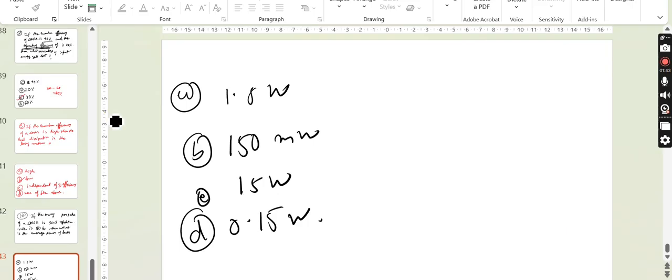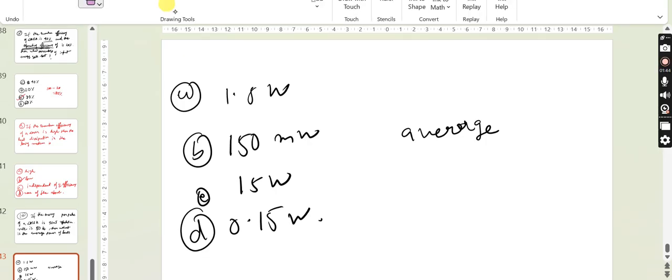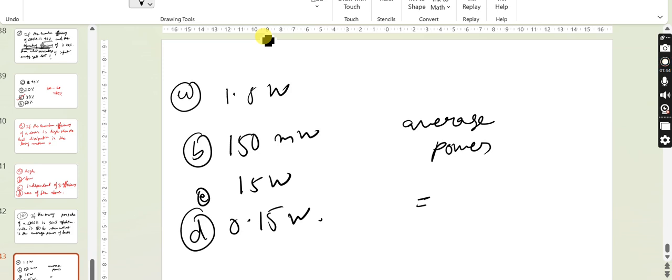So average power is basically energy per pulse times repetition rate.